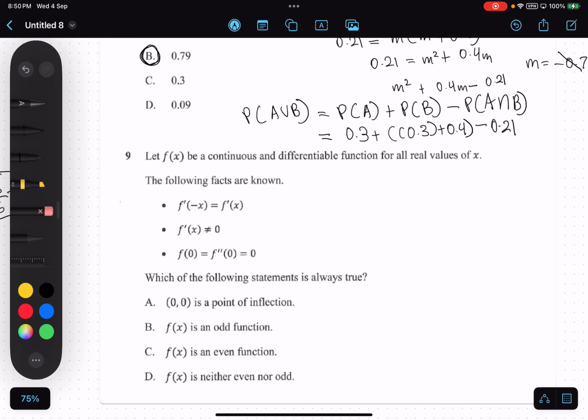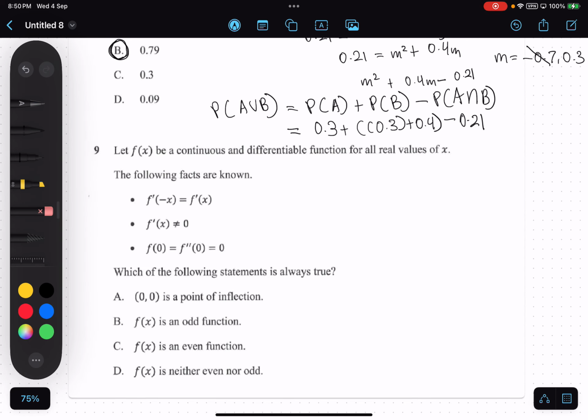So here we go. Question 9 says, let f of x be a continuous and differentiable function for all real values of x. The following facts are known. f dash of negative x equals f dash of x. That means that the derivative is an even function. f dash of x is not 0.